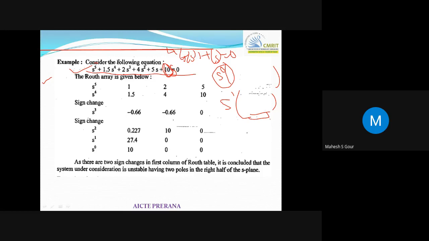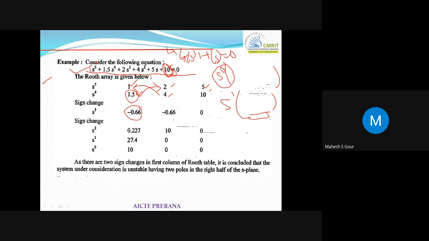Now when you solve this, how are you going to solve? You will write 1, this coefficient here, the next coefficient here, the third one here, fourth here, fifth and sixth. How are you going to multiply? 1.5 into 2 minus 4 into 1 divided by 1.5. So 1.5 into 2 is 3, minus 4 into 1, which is minus 4. So 3 minus 4 divided by 1.5, you will get minus 0.66.